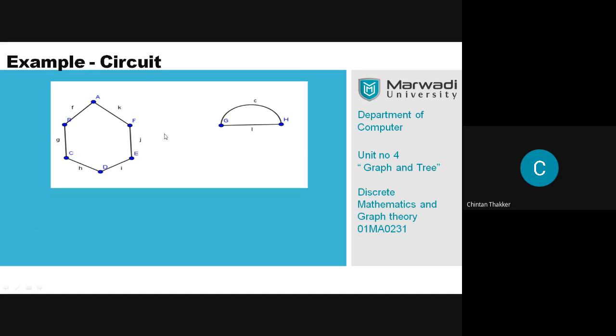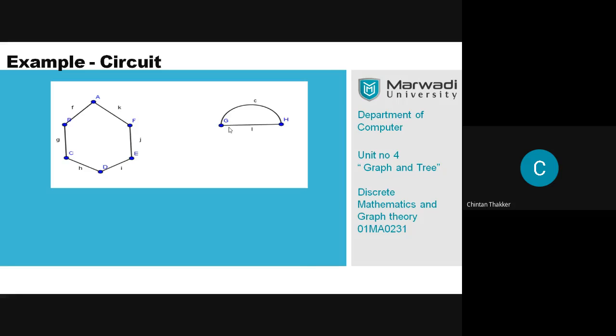Now here we take two examples of a circuit. Both are two regular graphs. Here you can find the closed walk, sorry, closed walk. Here also we have a closed walk. So these two are examples of a cycle.